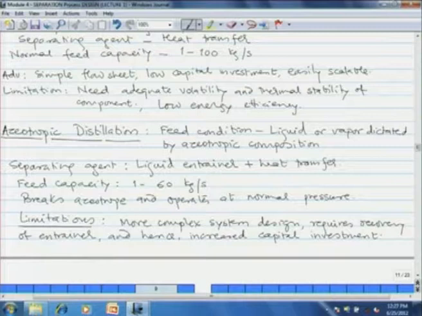Now, the feed condition for azeotropic distillation has to be either liquid or vapor, which is dictated by the azeotropic composition. The separating agent is a liquid entrainer plus heat transfer. So, you have to add an entrainer which forms a temporary complex with one of the components, and then that complex has a volatility greater than 1 relative to the other component, and then you can achieve the separation.